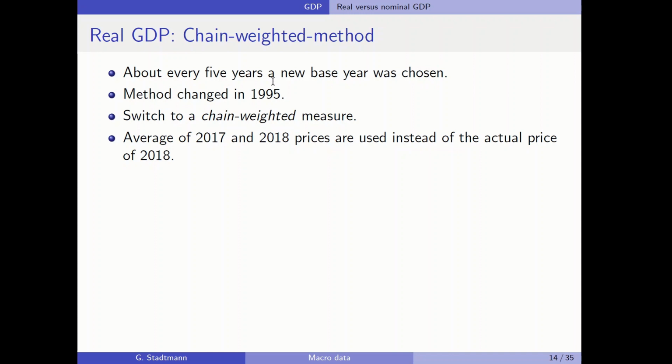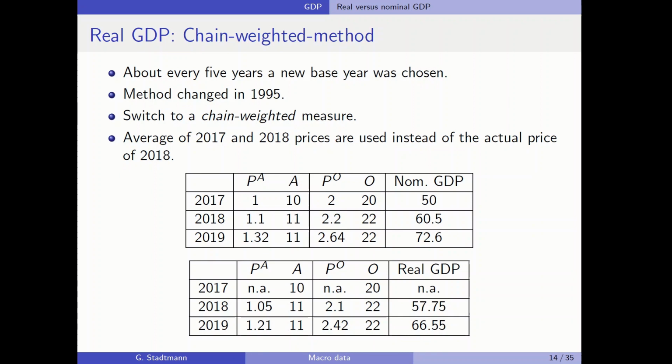About every 5 years, a new base year was chosen, but this method was abolished in 1995, and the international statistical offices switched to the so-called chain-weighted method. The idea is that we use the average of the goods prices in 2017 and 2018 instead of the actual prices of 2018.